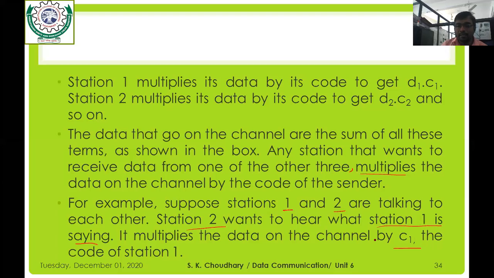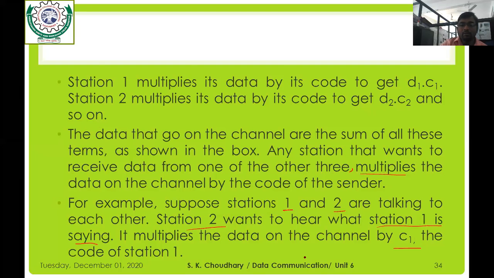The data on the channel is the summation of all the stations' data, and that data is multiplied by the code C1, because station 2 wants to hear what station 1 is communicating.